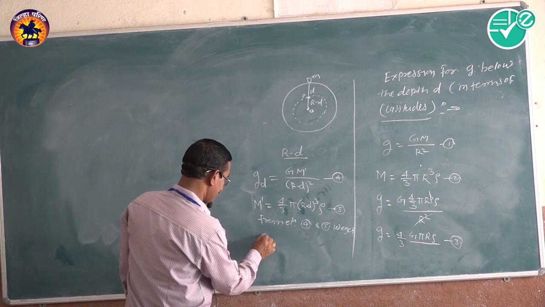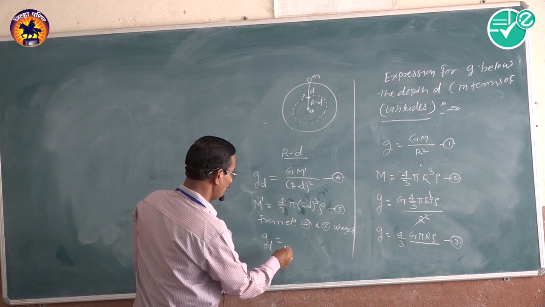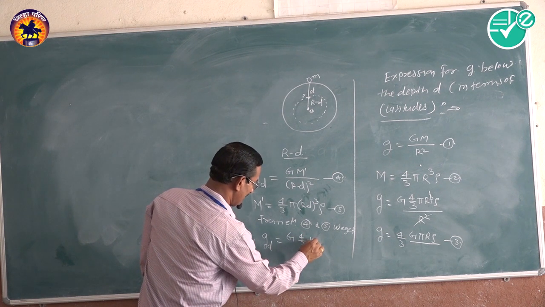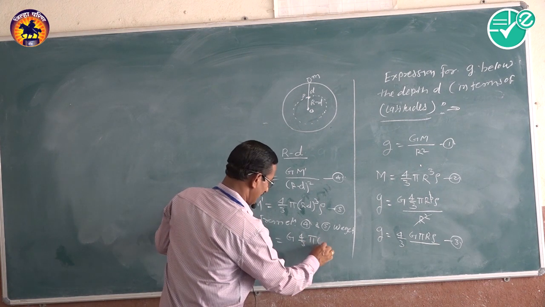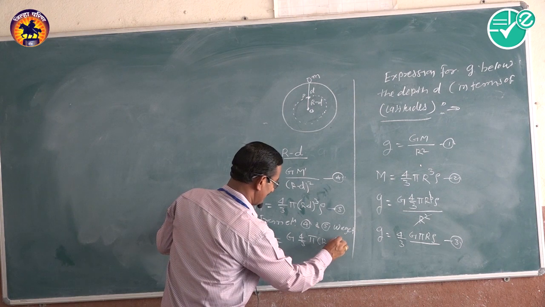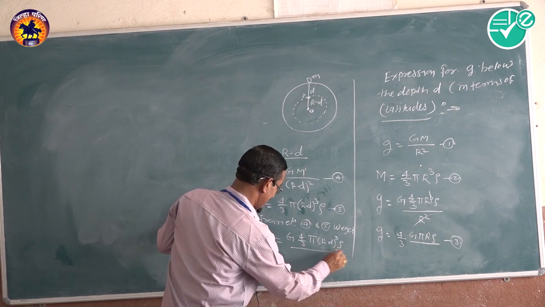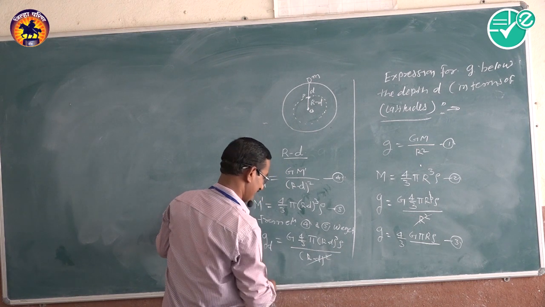small g d is equal to G into 4 by 3 pi (R minus d) whole cube rho divided by (R minus d) whole square.